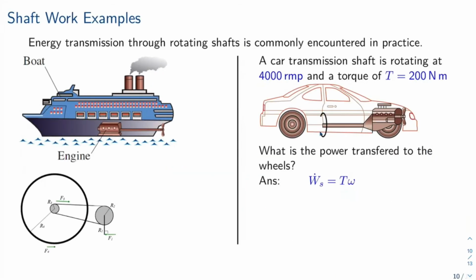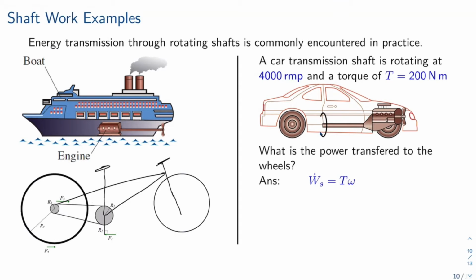These are some examples of shaft work, and we have it in almost every machine. In the case of a big boat, it has an engine, and the engine is producing work that moves the propeller of the boat. The second example is a bicycle.